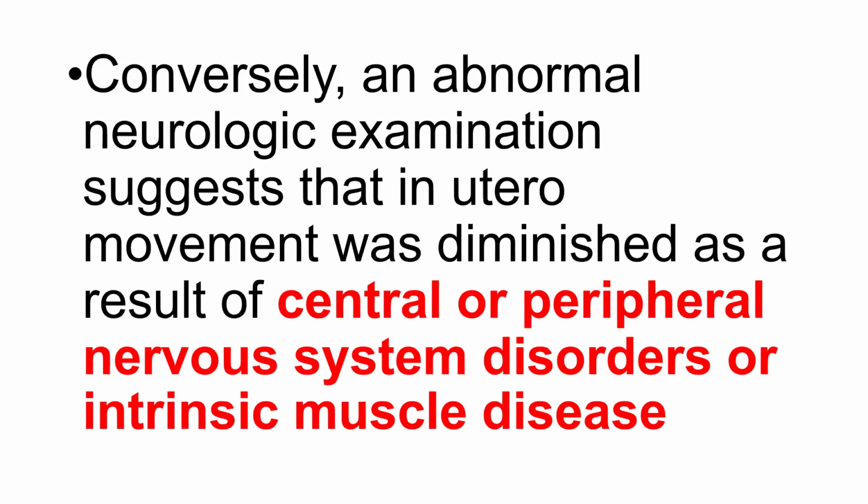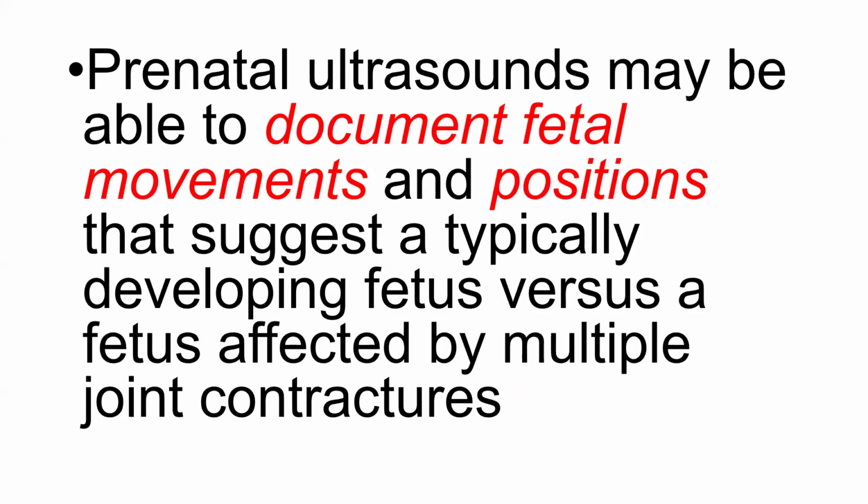The diagnosis: prenatal ultrasounds may be able to document fetal movements and positions that suggest a typically developing fetus versus a fetus affected by multiple joint contractions. So you have to know that we use ultrasound to identify this.